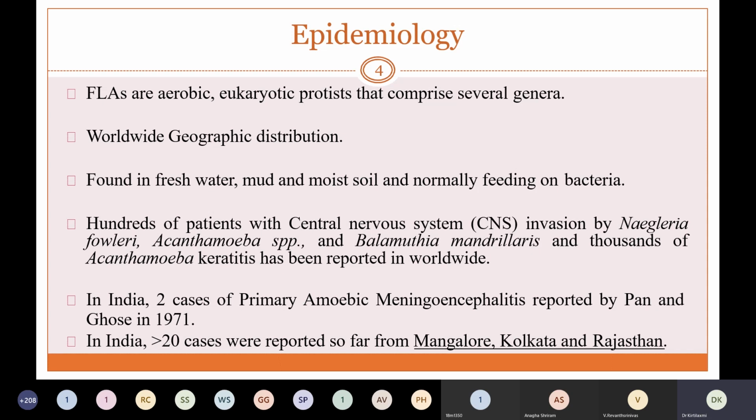In India, only 2 cases of primary amoebic meningoencephalitis were reported by Pan and Ghosh in 1971. But more than 20 cases have already been reported.